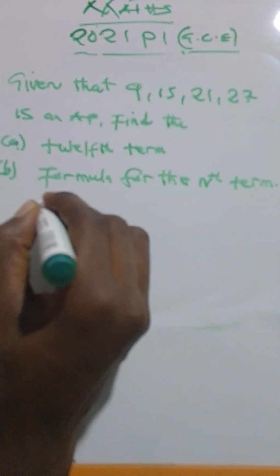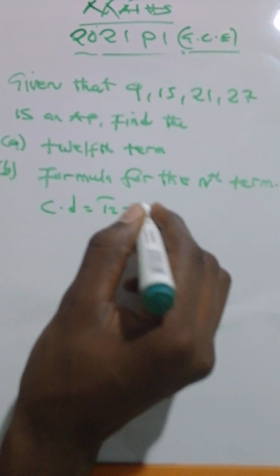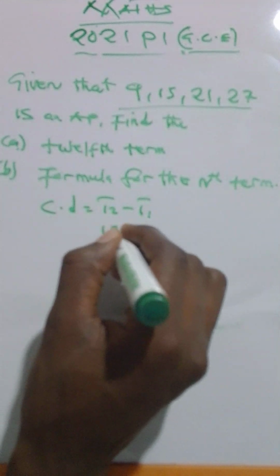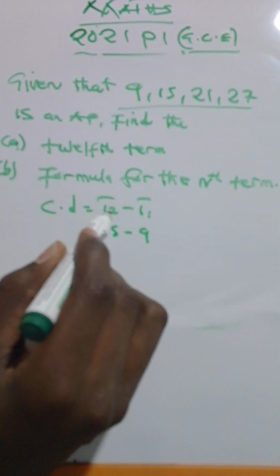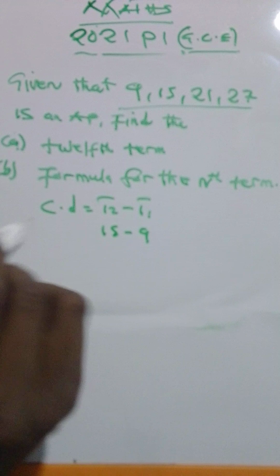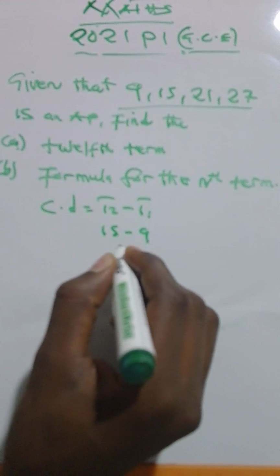So common difference is equal to term number 2 minus term number 1. So in this sequence, we have term number 2, which is 15, minus term number 1, which is 9. Or if you want, you can pick term number 3 minus term number 2, or term number 4 minus term number 3. So 15 take away 9, we're going to get 6.